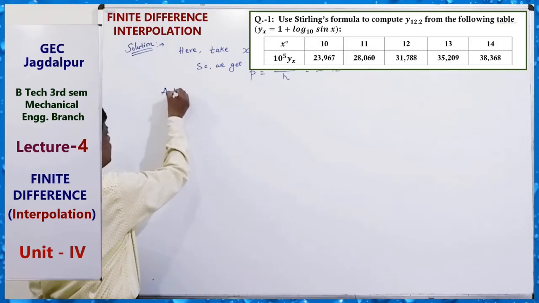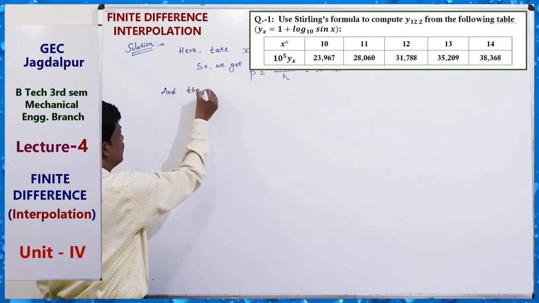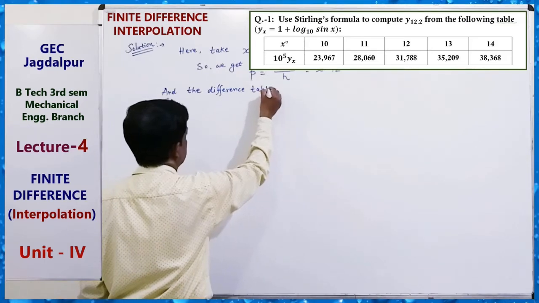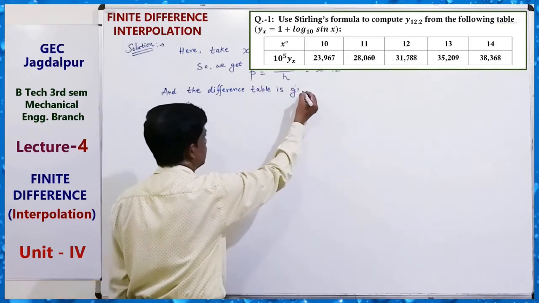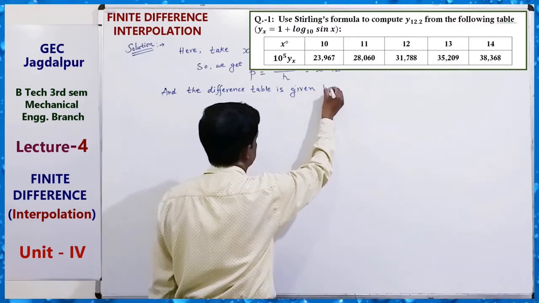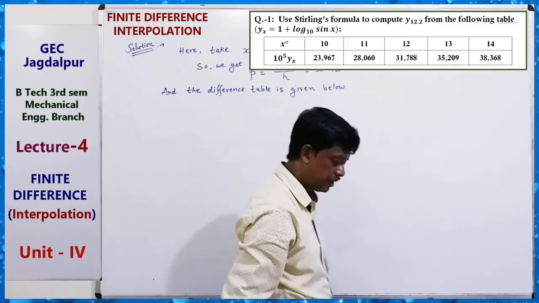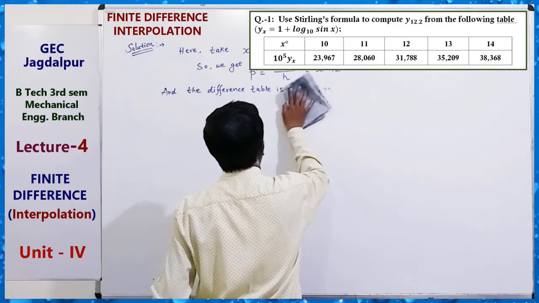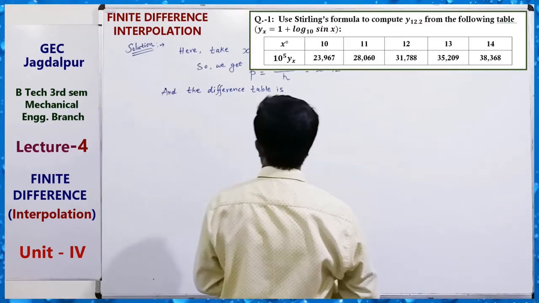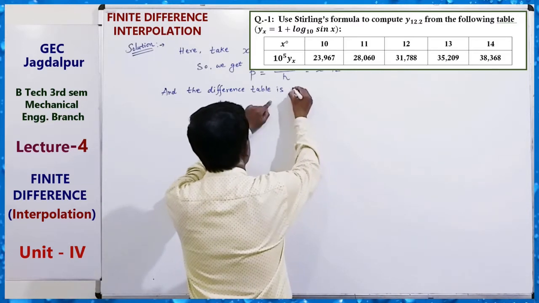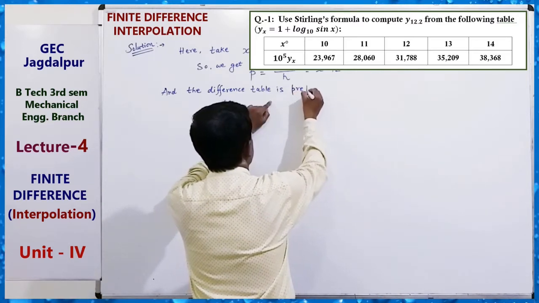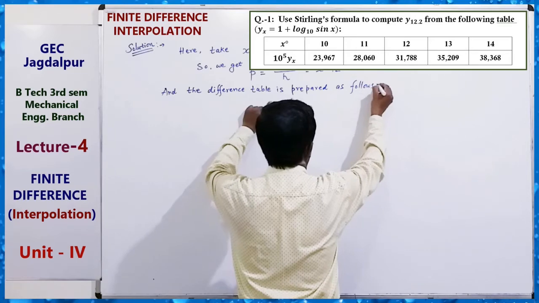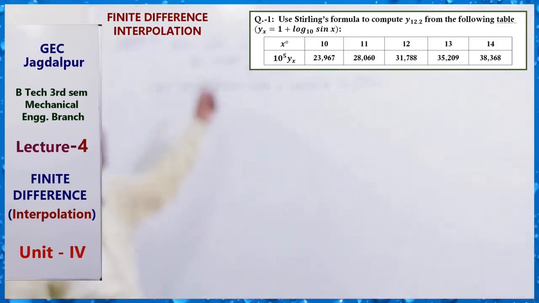The difference table is given below, and it is prepared as follows. p is decided as x minus 12.